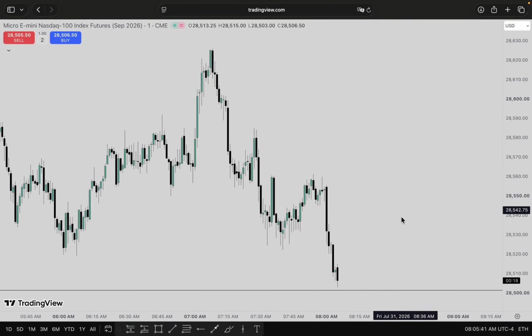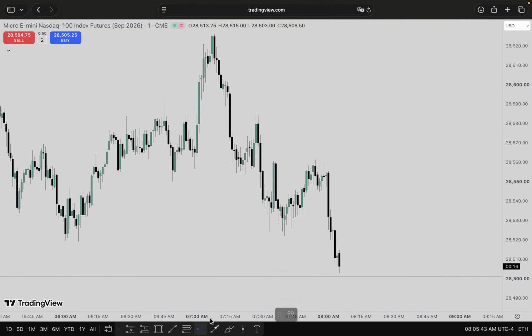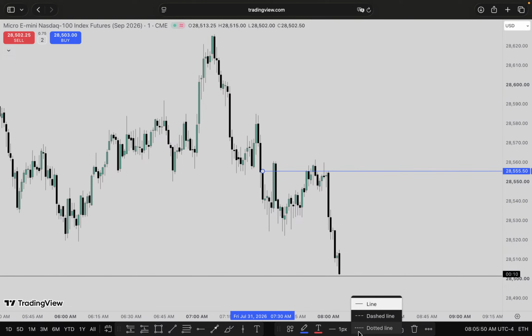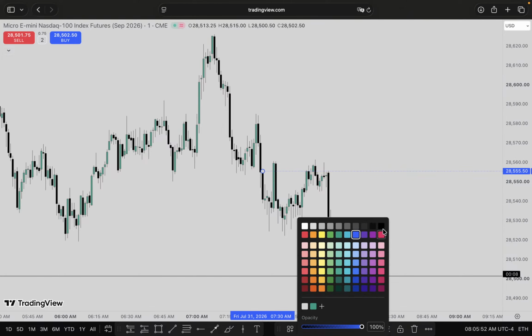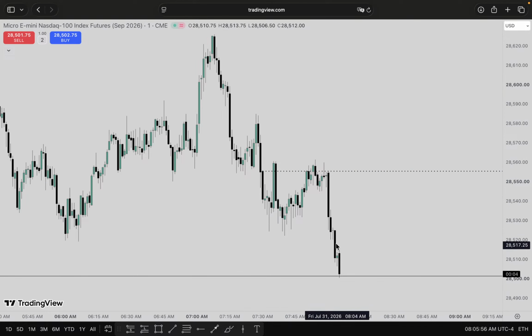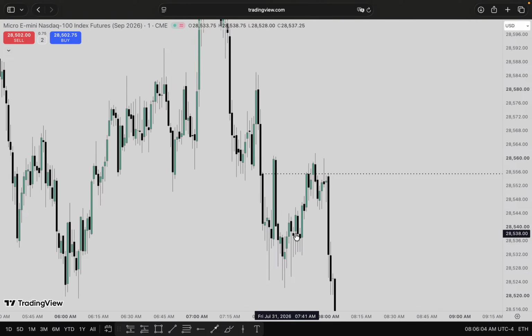So let me do NQ real quick. AM. I mean, we do got a tiny, tiny gap, but I'm not going to use it.